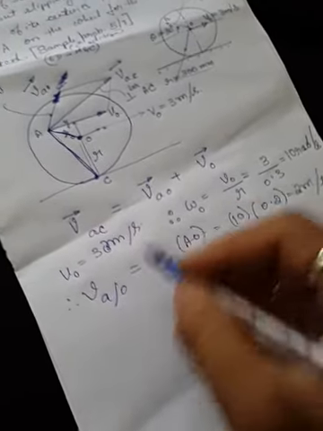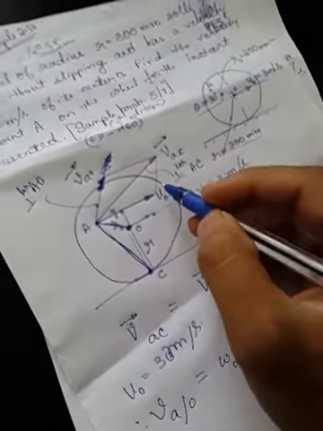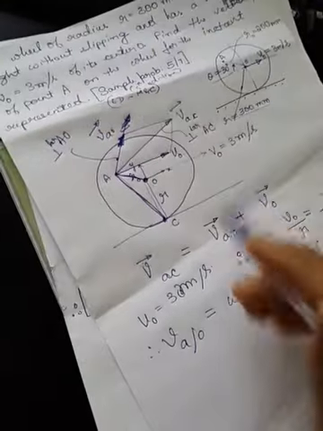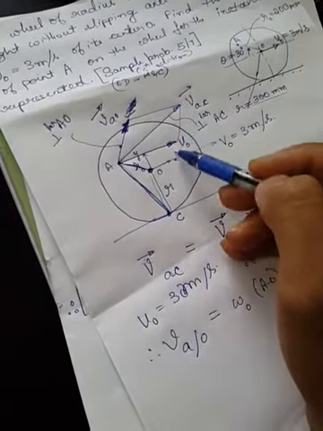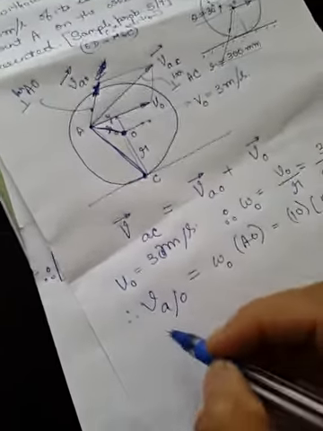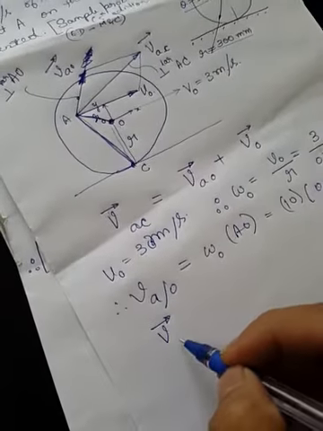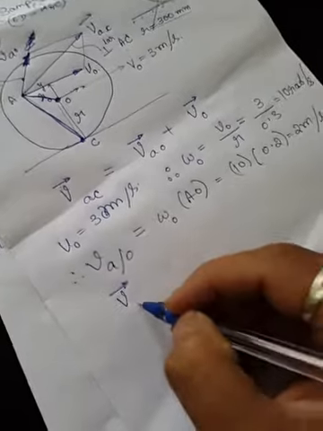Now V naught is known. VAO is also known. Apply the rule of parallelogram for this triangle and find out the diagonal, the diagonal length VAC.